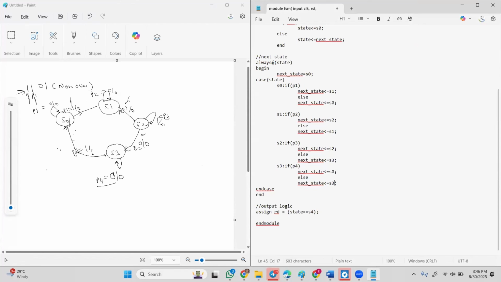It will remain at S3 only, but it should go to S naught. Yes, ma'am. At this condition, when P is equal to 1, then it is going to S naught. If P is equal to 1, then the next state will be S naught, ma'am. Else it will reach there.